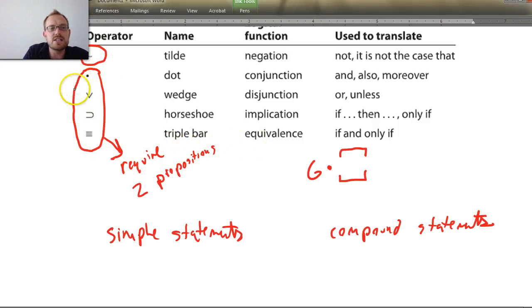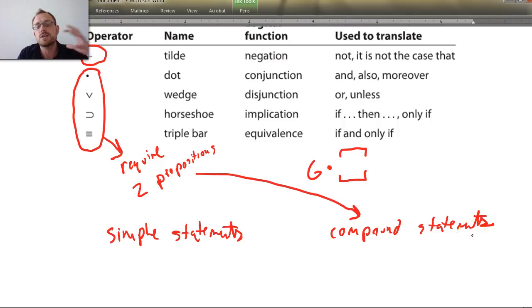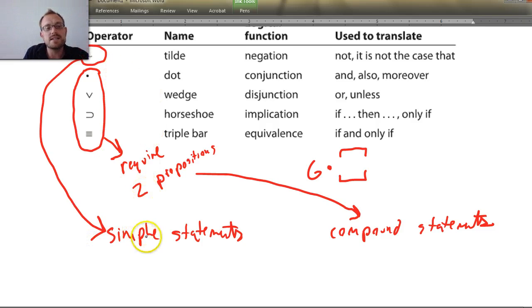When I say that these require two propositions, what I really mean is that these operators always exist when you have compound statements, when you're combining statements together, whereas the tilde here only needs one, which means that you can just have a simple statement, right? Most of everything we're going to do are compound statements. So it's not really too big of a deal, but since your book does talk about it, I thought it important to at least mention it.